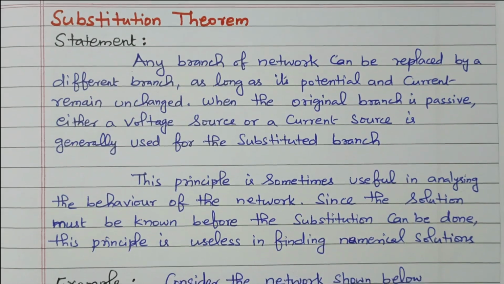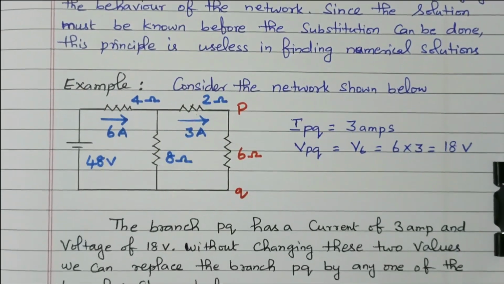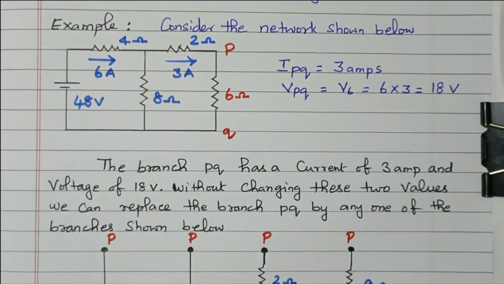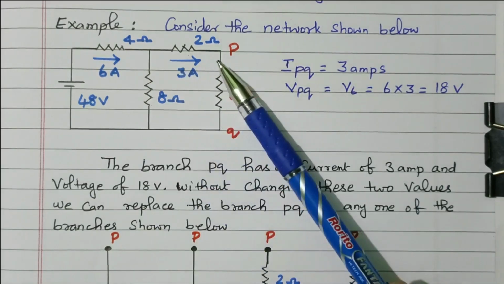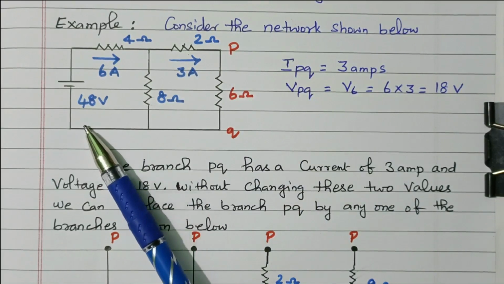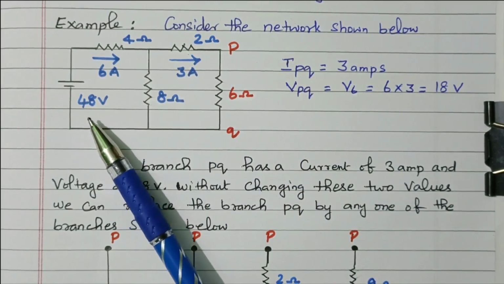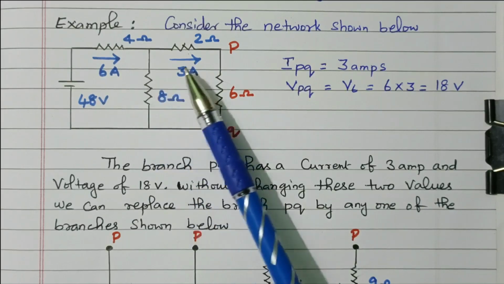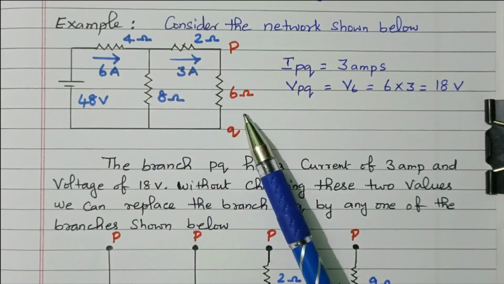Now we'll see the example. Consider the network shown below. A 48 volt source is there, and there are four resistors: 4 ohm, 2 ohm, 8 ohm and 6 ohm.